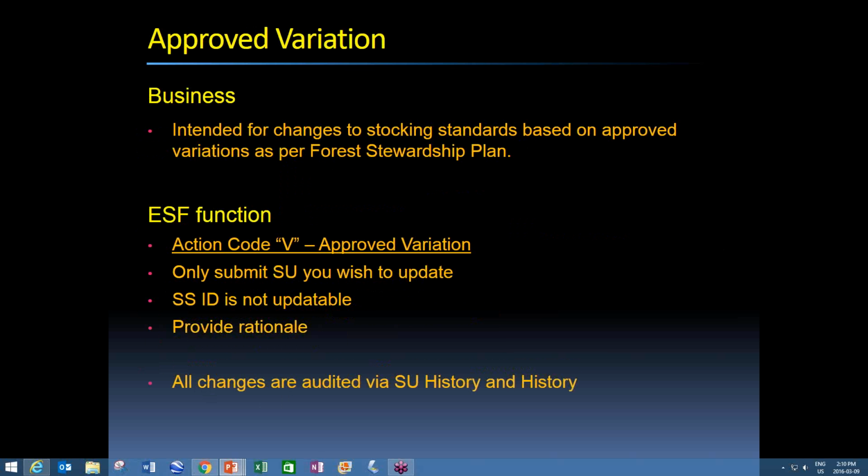They could be for a variety of situations due to site conditions, concerns of certain kinds of disease, or animal, any kind of damage agents. It could be a variety of reasons, but the idea is that it's been identified in some element of those stocking standard preparation, and because they've been pre-identified to vary those stocking standards for those situations, the FSP has been approved for those scenarios.